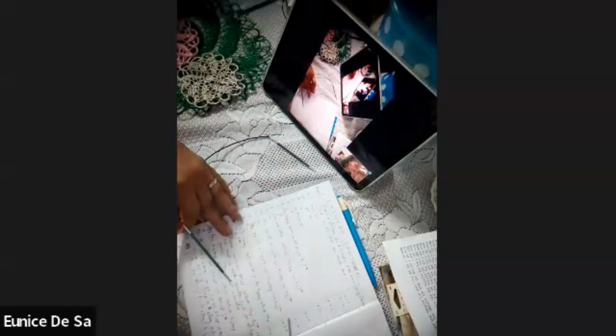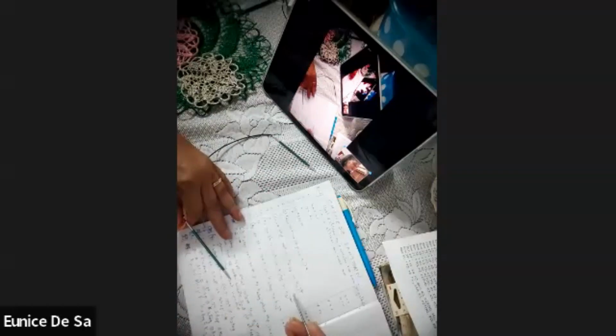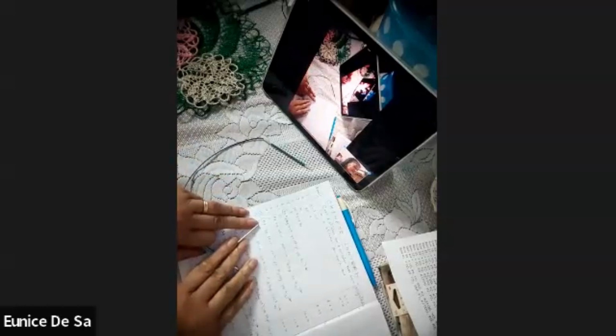Now we have reached, what row have I done? Anybody knows? I've done the 9th row. So the 10th row says knit 2, yarn over, skip, yarn over, knit 1, yarn over, knit 2 together, yarn over, knit 3.